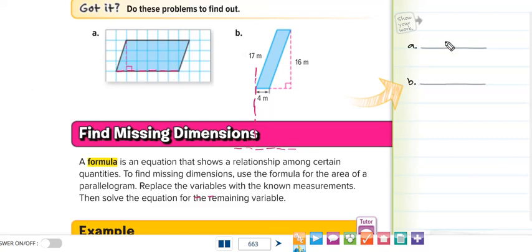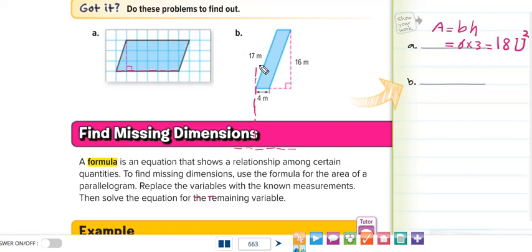So you can say that area equals BH, which means base times the height. As we counted, the base is 6, multiplied by the height. Let's count 1, 2, 3. 6 multiplied by 3 equals 18. 18 what? 18 units squared.